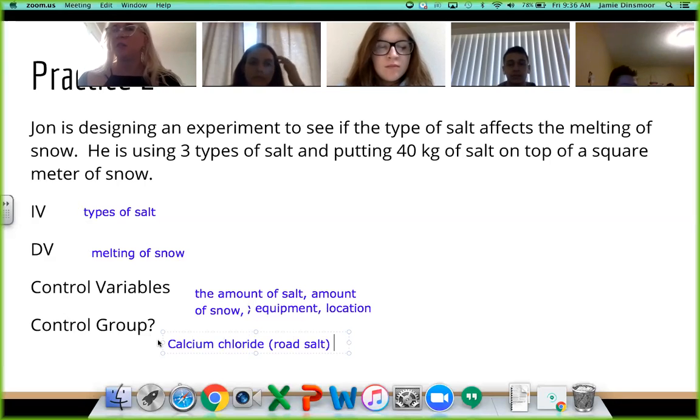Or if you're not using calcium chloride, right, because he doesn't say he's using that, then you might not have a control group here. He might be using table salt, Epsom salt, and another type of salt that's not road salt. So in that case, there might be a control group here, there might not. Really, it wouldn't be super important except for in your conclusion.